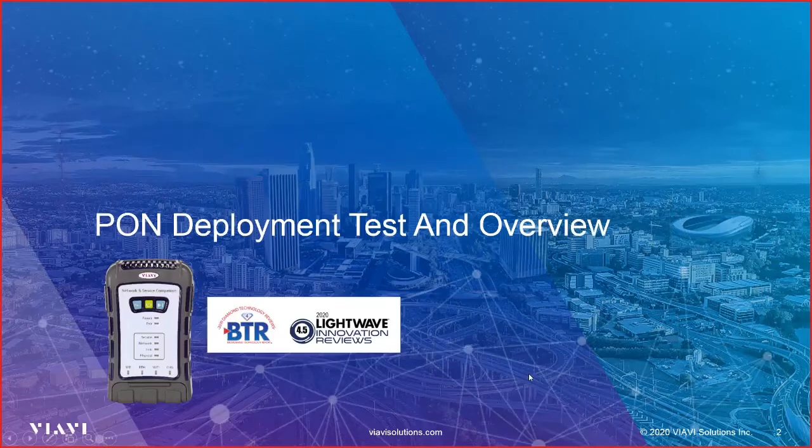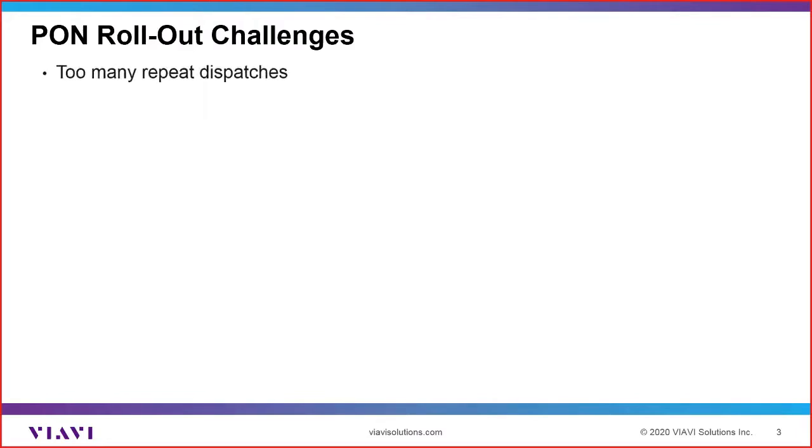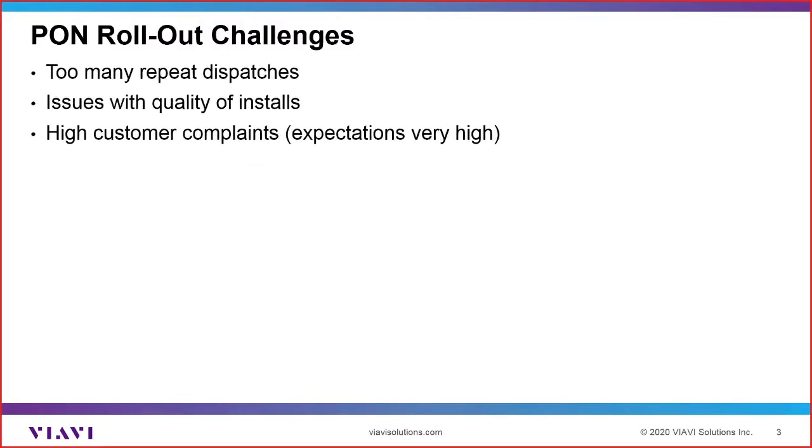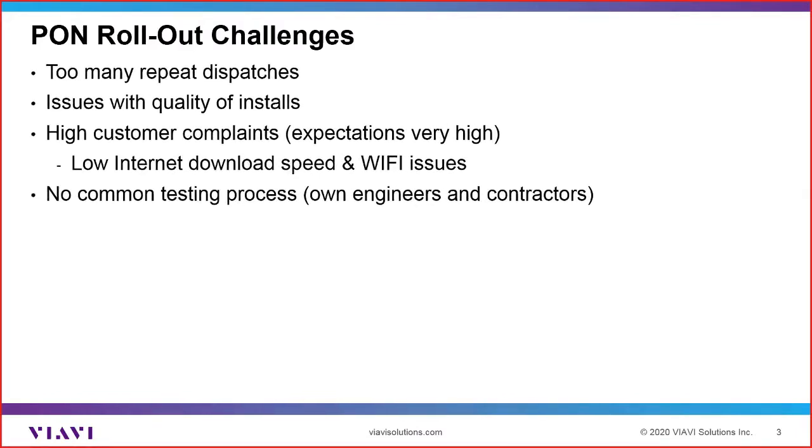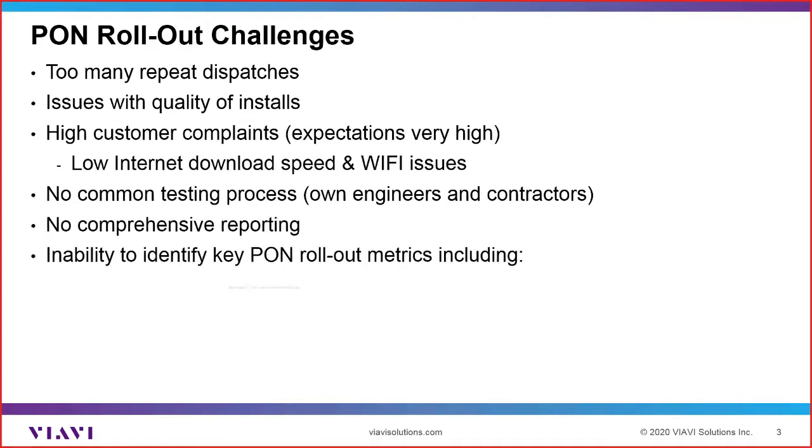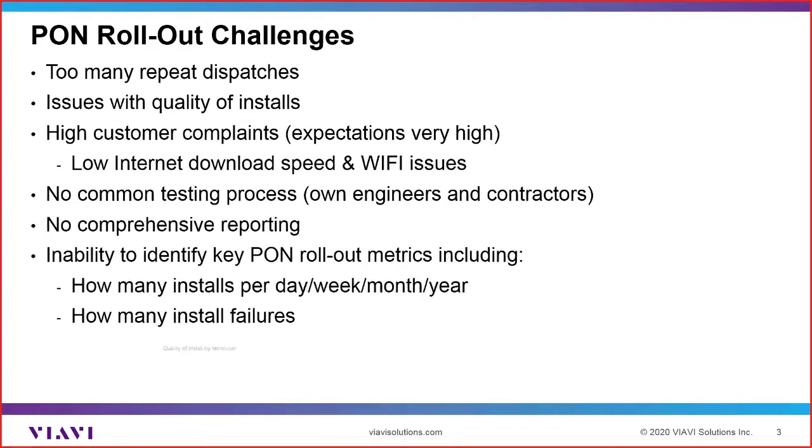Thanks, Patrick. So we're going to dive right into PON deployment, what typical test scenarios look like, and how to test those. And before we get into what those look like, let's talk about some typical challenges that you might see when doing PON rollouts.